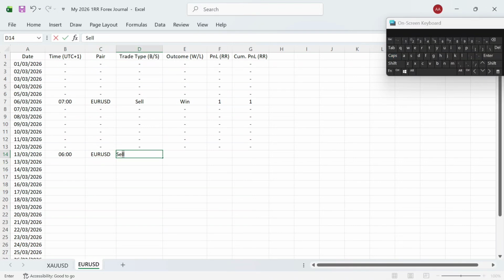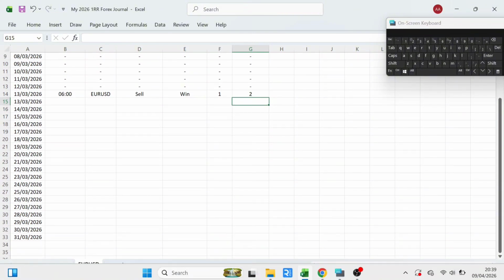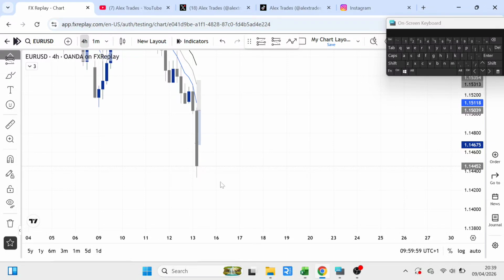We had this sell, it ended up in a win, and then this was 1, and our cumulative becomes 1 plus 1. So we are up 2R for the month now. Let's see how other months go.